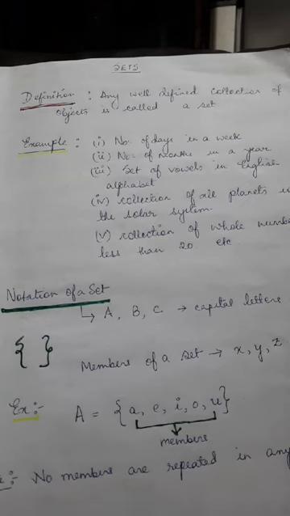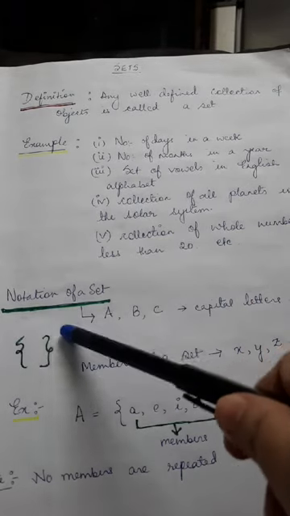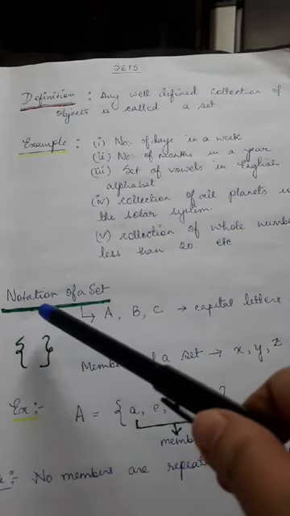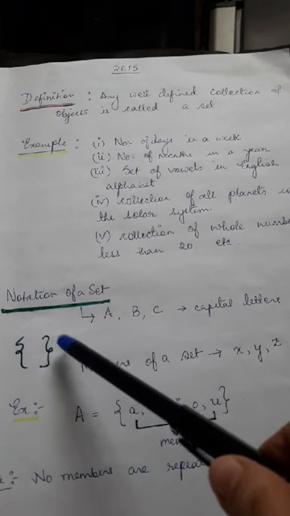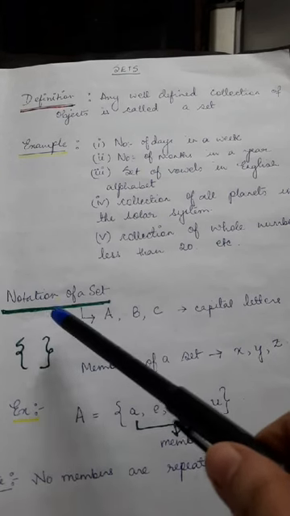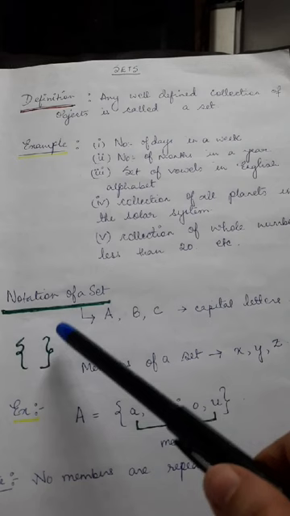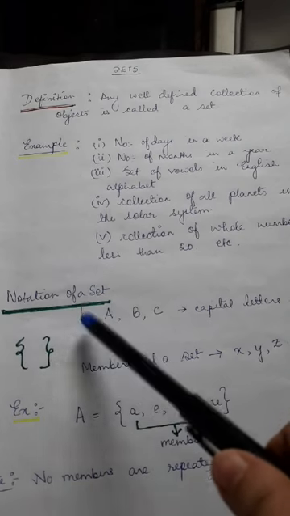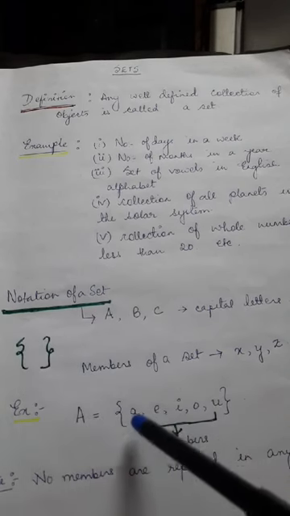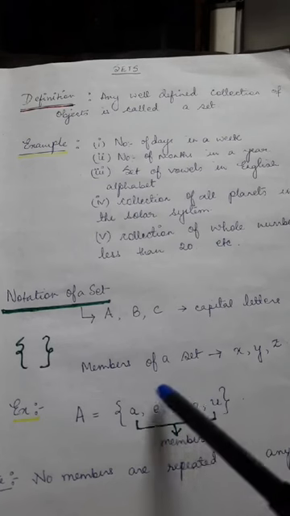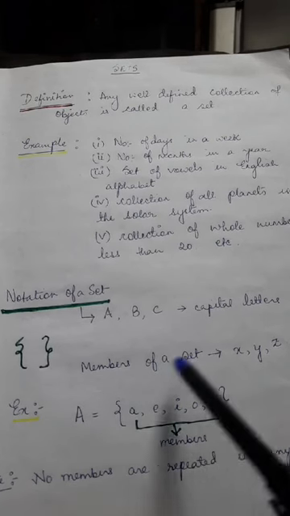This curly bracket is very important. If the curly bracket is not there, the set does not exist. And whatever is written inside the set are called members of the set.